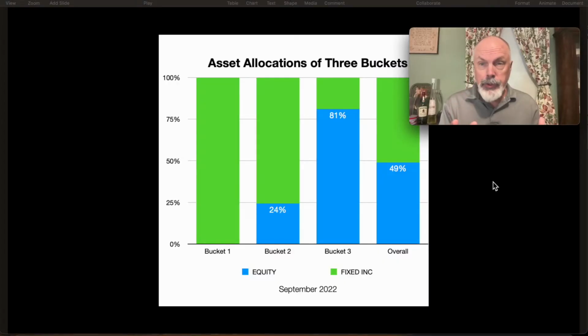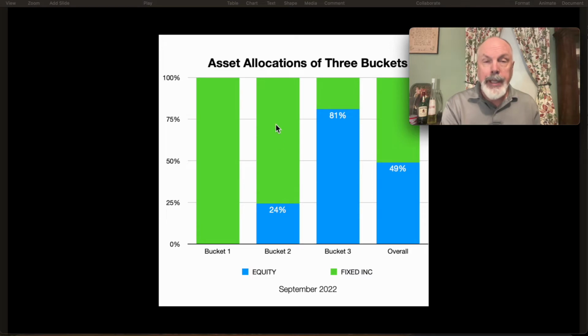Now let's look at what I've done this year to rebalance across those buckets in a very dizzy market. As of September 1st, here's where I stand with overall asset allocations in my 3 time buckets. Bucket 1 is all fixed income, cash and equivalents, safely stored here where I can tap them for the next 3 years.